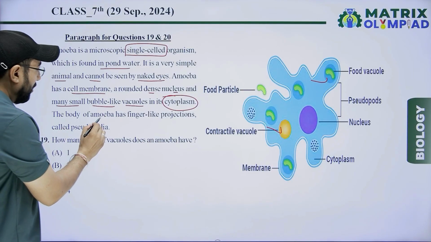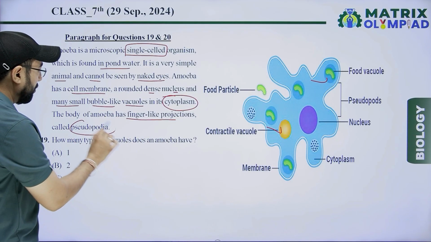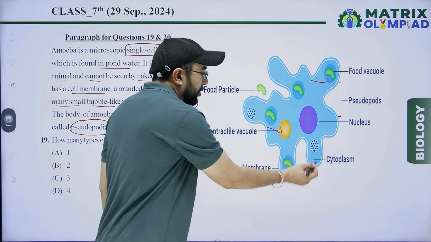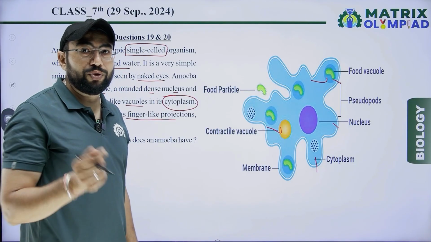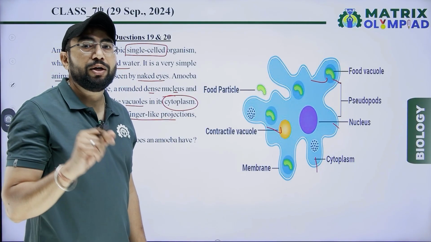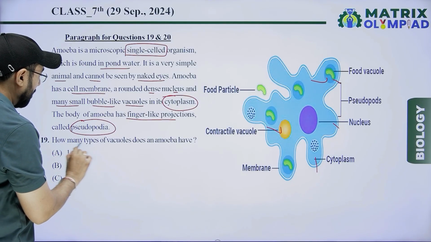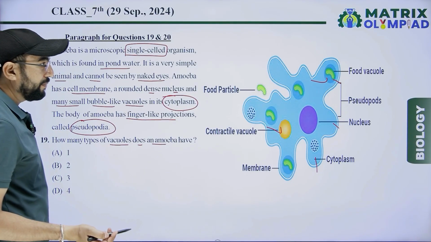The body of amoeba has finger-like projections called pseudopodia. Pseudopodia is similar to feet, and pseudo means false, so it is called false feet. Option first: how many types of vacuoles does an amoeba have?